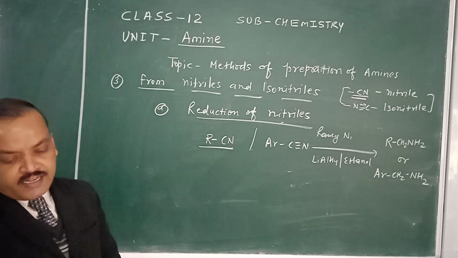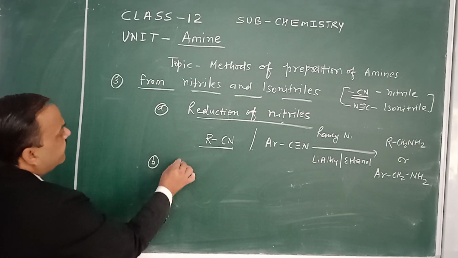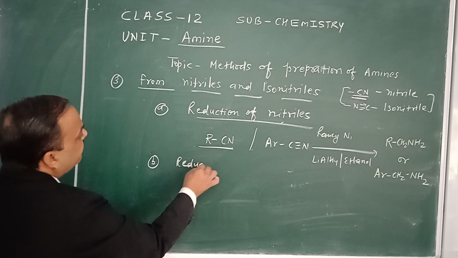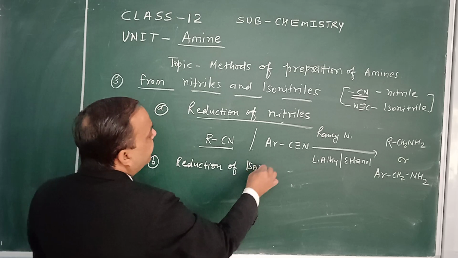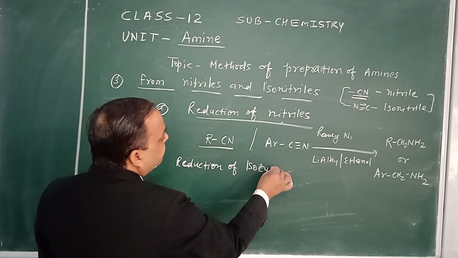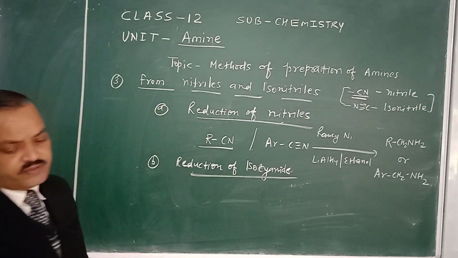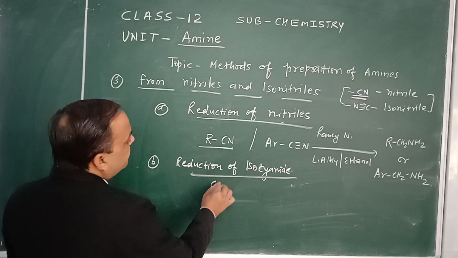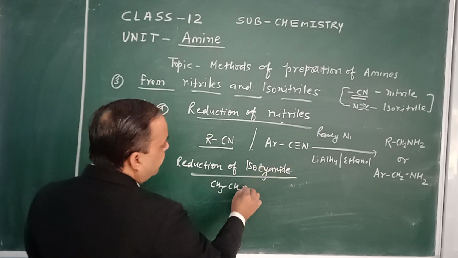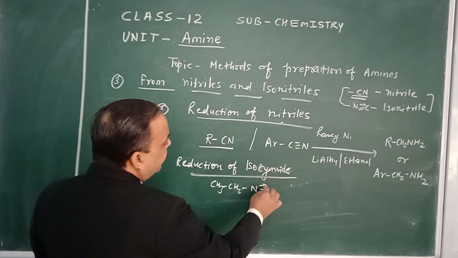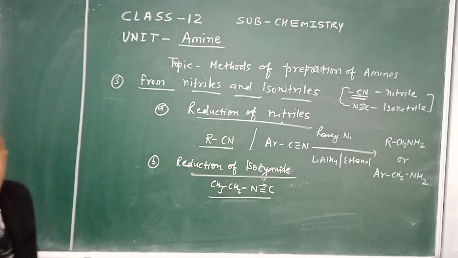Now in the second condition, we have reduction of isocyanide. In this reduction process, what we observe is the structure CH3CH2 isocyanide, with a double bond to C. This group is the isocyanide group.